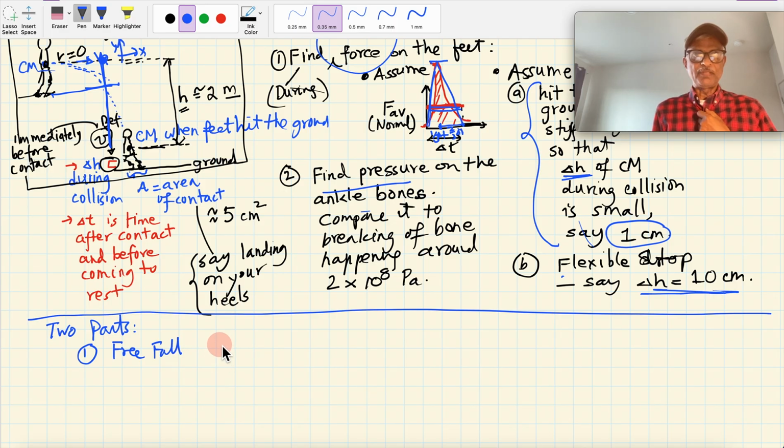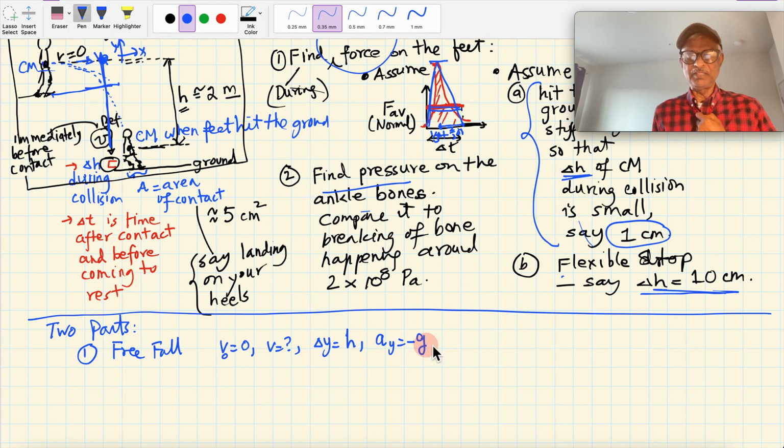So free fall. v0 was 0, then we just need to figure out v. It has fallen, delta y is h, and ay is minus g. So v will of course be negative over there. So you could have v squared equals v0 squared plus 2 ay delta y, right?